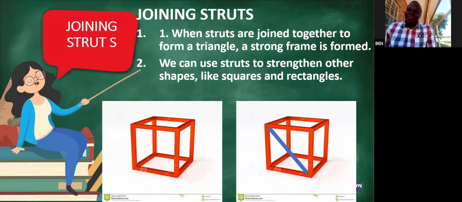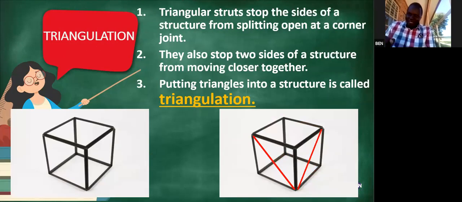After putting that diagonal in the middle, it forms a triangle. You see the two triangles. The two triangles ensure that the frame is strong. That is the beginning of this lesson. The frame becomes strong because of the triangle shape you can see.